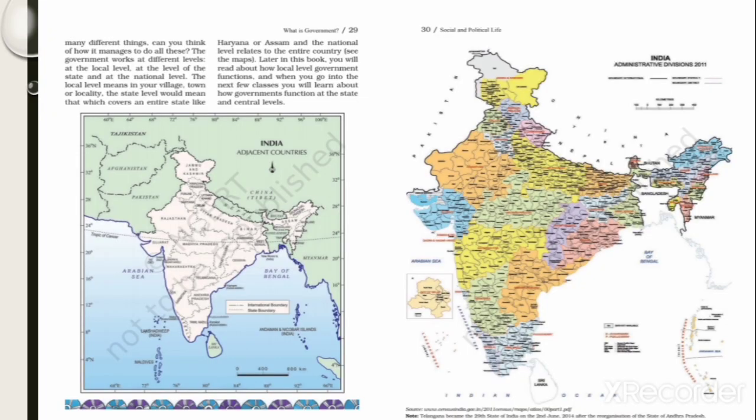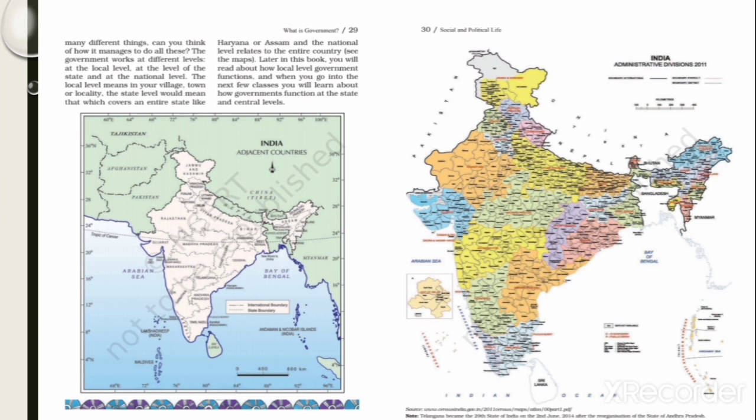We have already discussed that the government works at three levels. First is at the local level, second is at the state level, and the third is at the national level. We have also understood that local level means in your village, town, or localities. State level means which covers the entire state. For example, if you are living in Kerala, then Kerala. If you are living in Uttar Pradesh, then Uttar Pradesh.